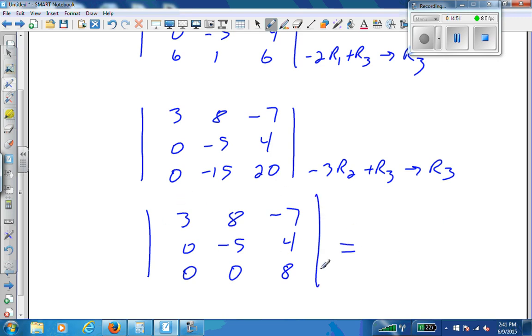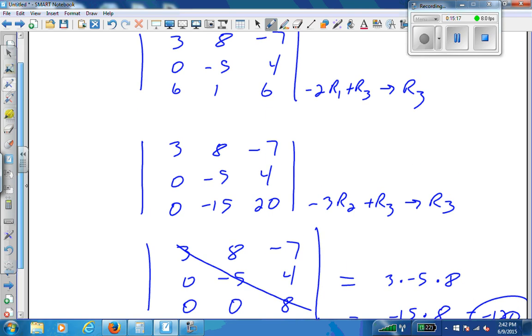If we take this determinant, it's upper triangular, so we can multiply right down the diagonal. 3 times negative 5 times 8, that's negative 15 times 8. And what's that, negative 120?